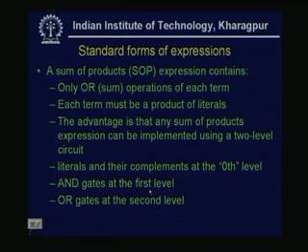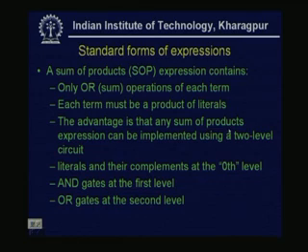Now, we have already read in the last class about standard forms. In the standard forms only OR operations of terms exist, and each term must be a product of letters, what we defined as a sum of products. Now, what is the advantage?